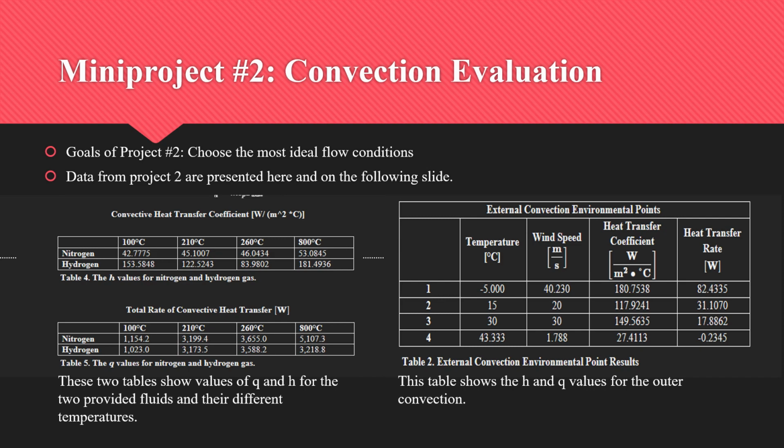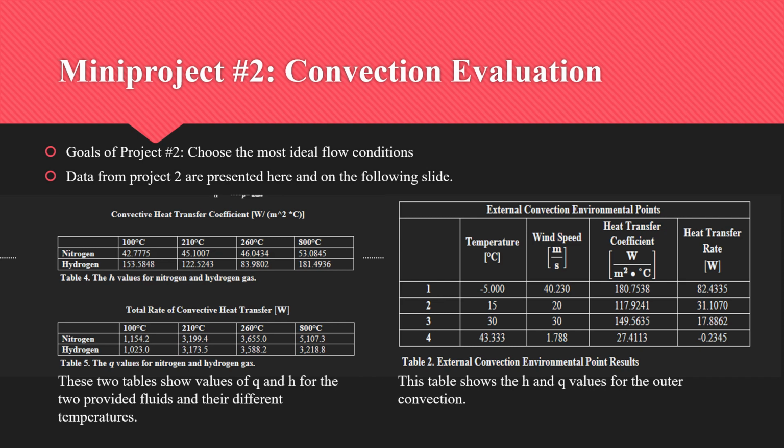The second project for the thermal reactor design was to analyze and find ideal flow conditions for external flow with convection, internal flow with convection, and internal annular flow. For the external convection, four environmental conditions were observed via calculations.